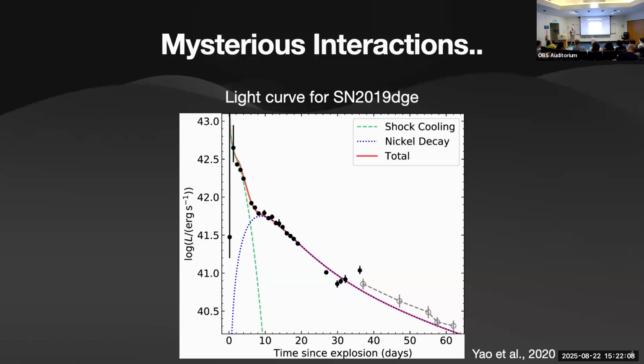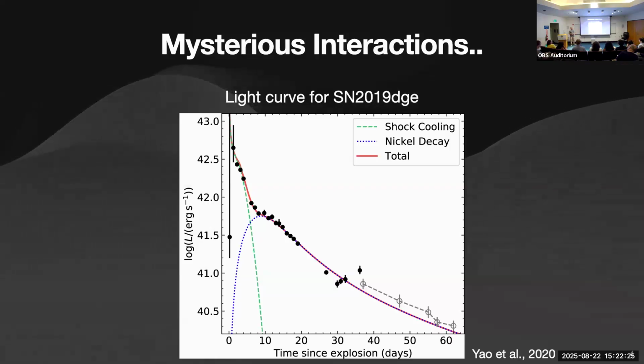So one of these supernovae where we have two different projected light curves for both shock cooling and for nickel decay. As we see, our objects fall on these lines, but instead fall somewhere in between. So we have to ask, what is it about this supernova that would cause the luminosity to be much higher?